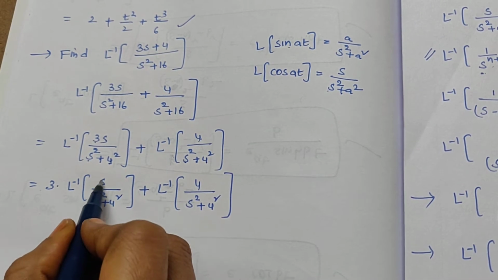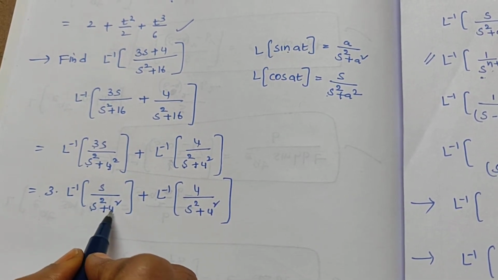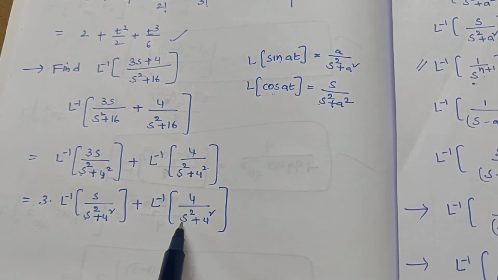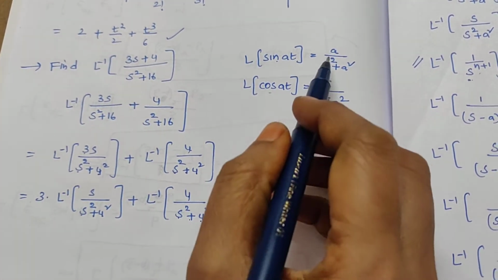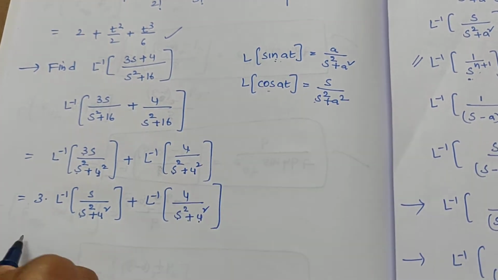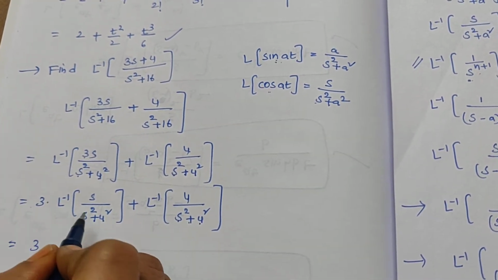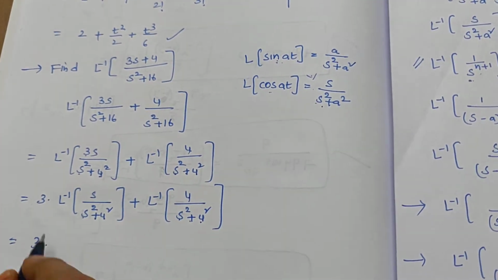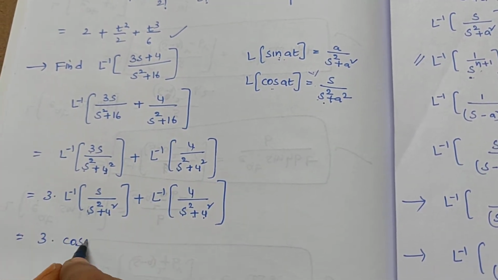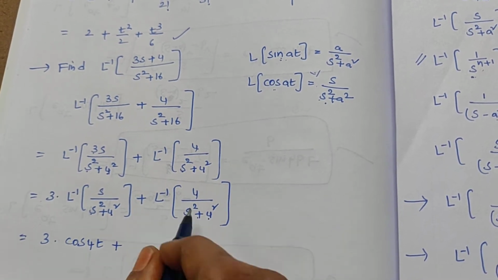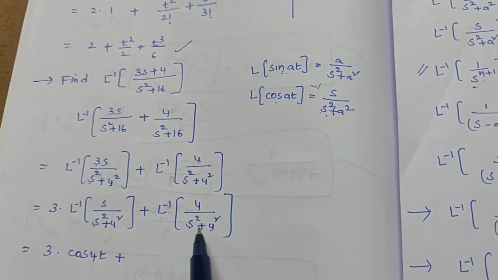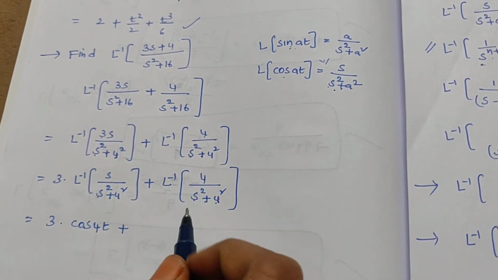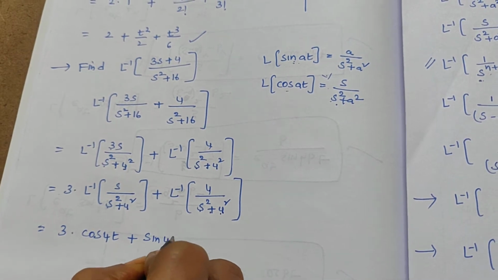Now s by s square plus a square is the Laplace transform of cos at, and a by s square plus a square is the Laplace transform of sin at. So it becomes 3 cos 4t plus sin 4t.